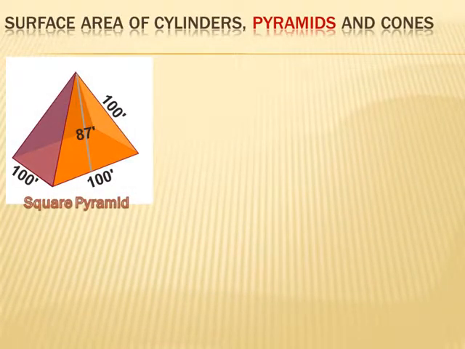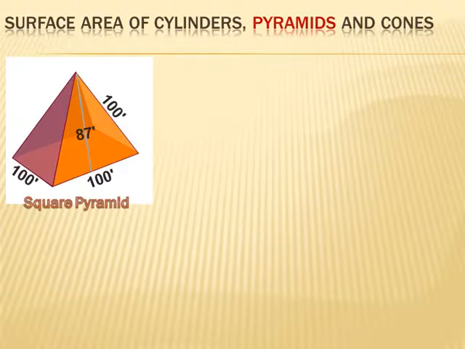Well, let's try one. This is a square pyramid. And you know what that means? It means that the base of the pyramid is square. And you can kind of see that. You can see 2 sides, and you can kind of see the shadow of 2 more sides. So we've got one base, and it's square. How many lateral sides do we have?